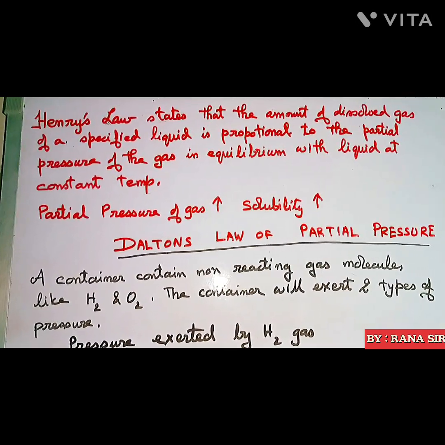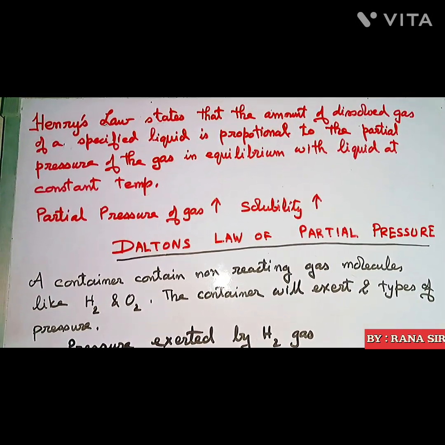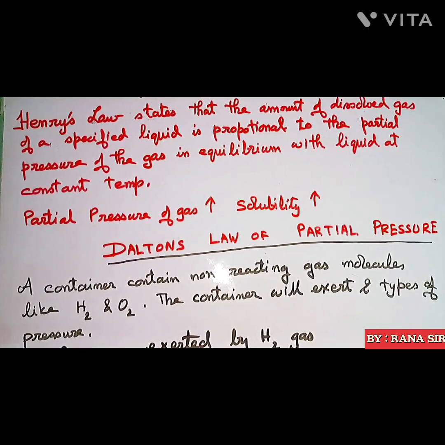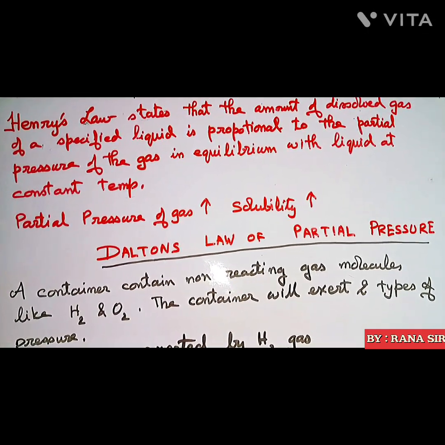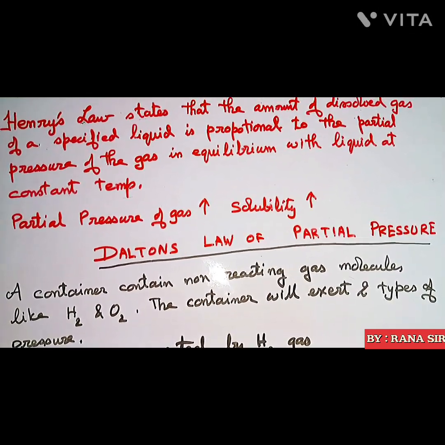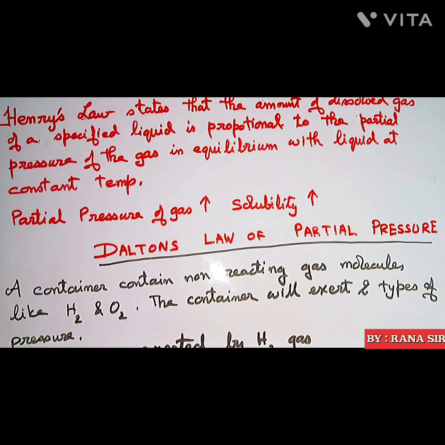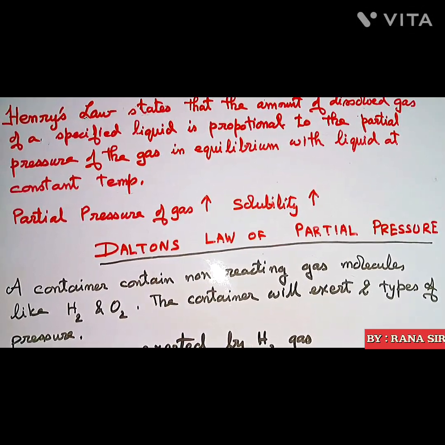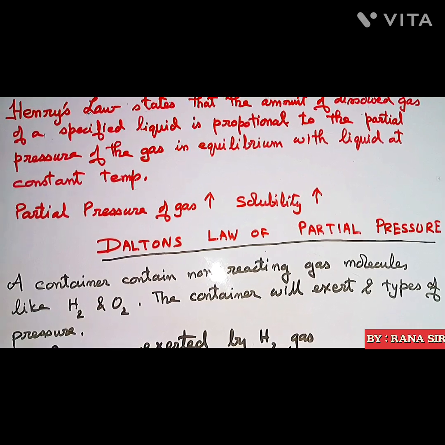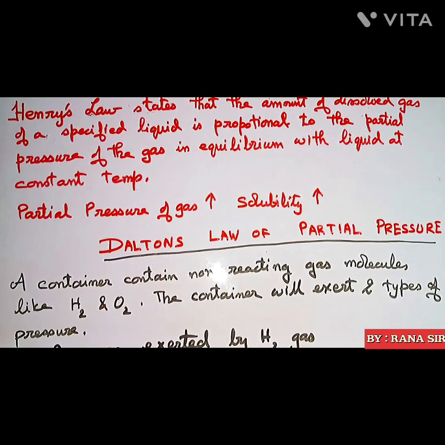So Henry's law states that the amount of dissolved gas in a specified liquid is proportional to the partial pressure of gas in equilibrium with liquid at constant temperature. So if partial pressure of gas increases, solubility will also increase.